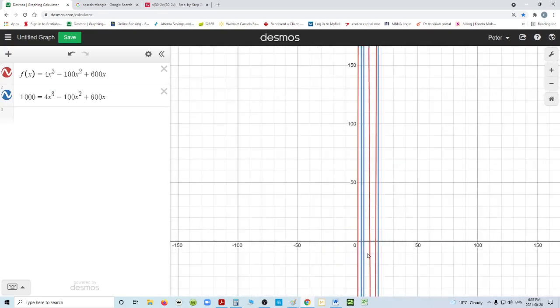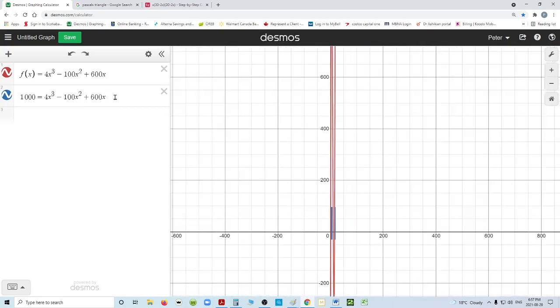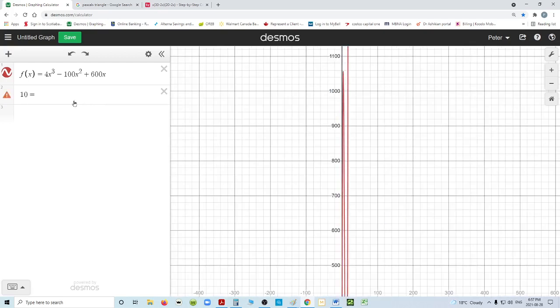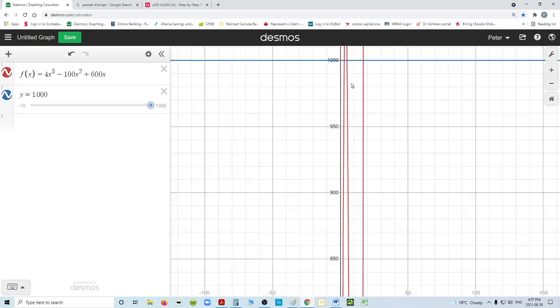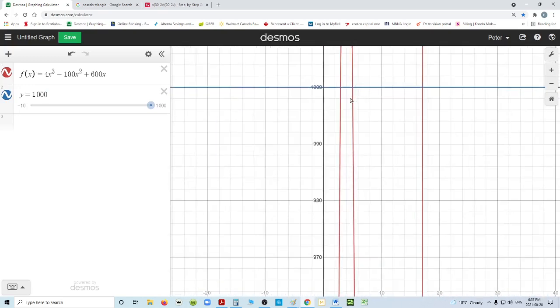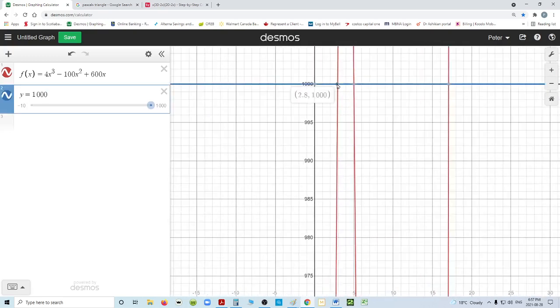So if you zoom in, no, maybe not. Well, you can also do it like this. You can draw a line at y is equal to 1,000, and it'll tell you the several points that x can be that will make the volume 1,000. X can be 2.8, x can be 5, and x can be 17.071.